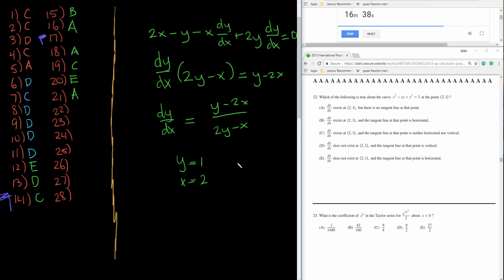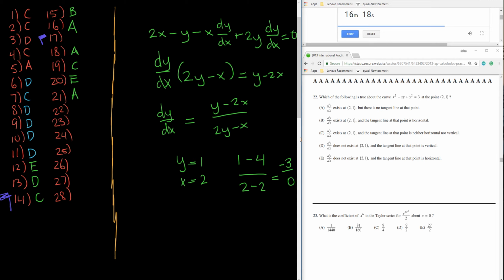So the numerator is 1 minus 4, so -3, over 2 times 1 minus 2. It looks like this is going to be -3 divided by 0, which is always undefined. So what is this?